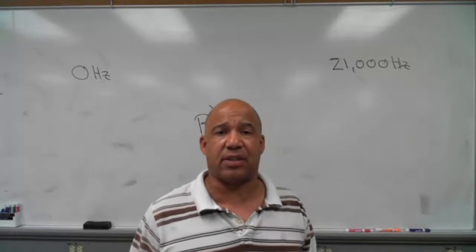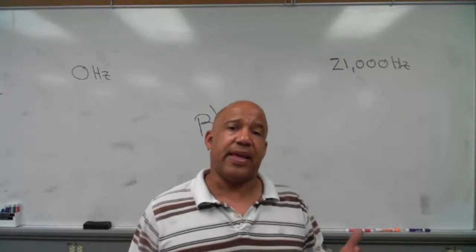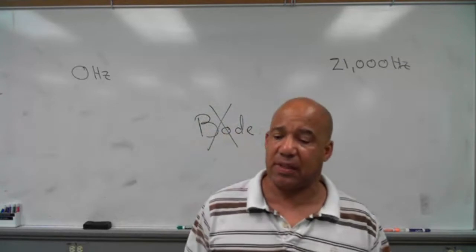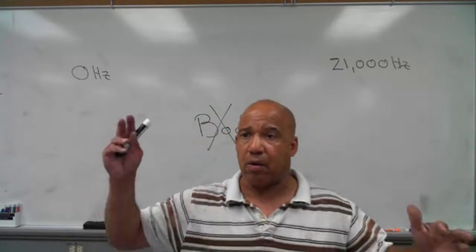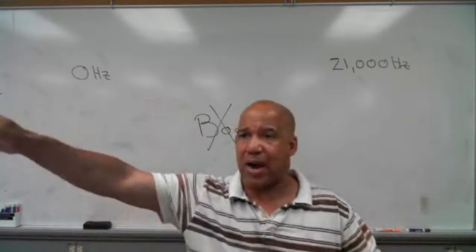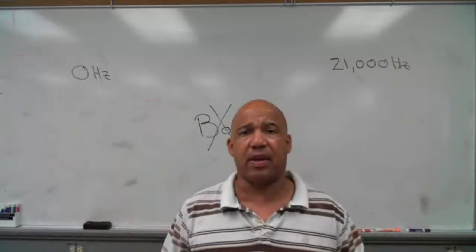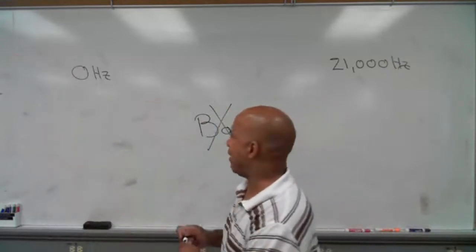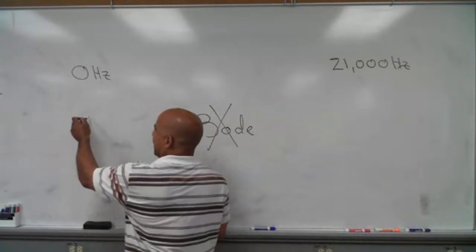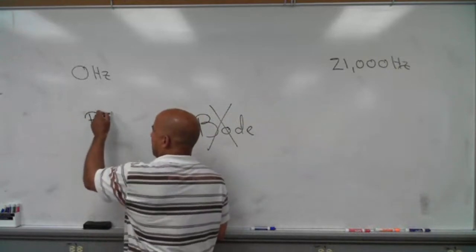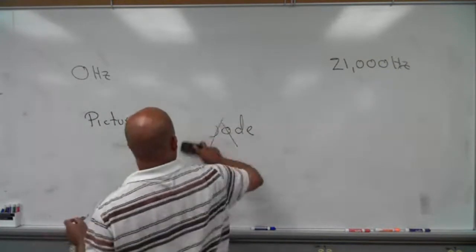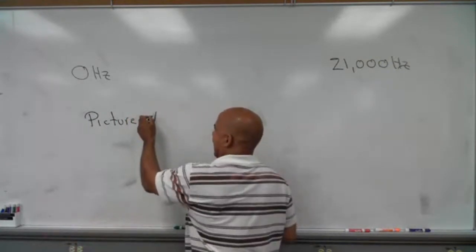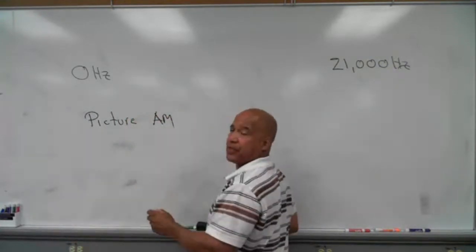I mean, just consider the case of TV. When you transmit a TV signal, now I'm not talking about cable TV. I'm talking about the old TV where you just use the antenna on your TV. You have three signals. You have a picture, and that picture is transmitted in AM, amplitude modulation.